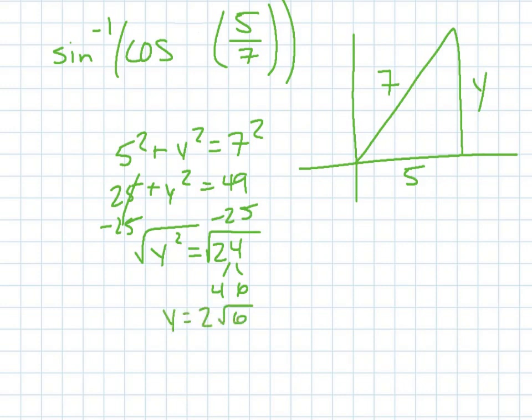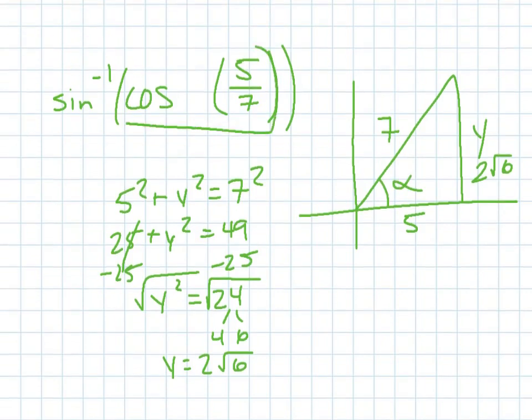Since I'm in the first quadrant, it's a positive 2 square root of 6. So that's my y value. Okay? So now if they want the sine of this angle, they're talking about this angle right here. So really what you just did with the inverse cosine of 5/7 is you found this triangle, of this angle. So you found the alpha that you were looking for. So yay, we found that.